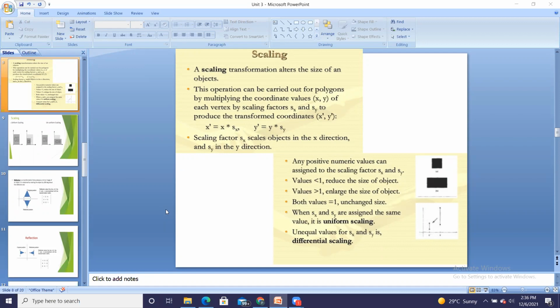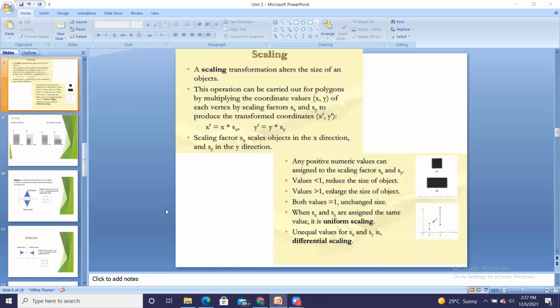Then the second transformation we have seen was rotation. It is the same as translation in that the object only changes its position, but there is no change in the shape and size of the object, right?